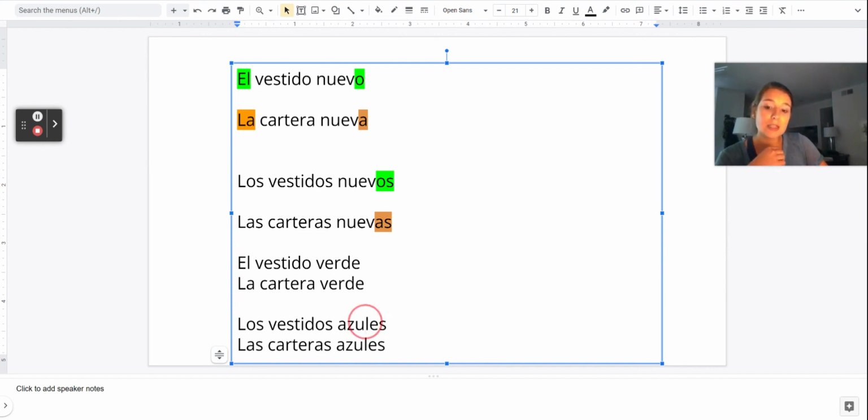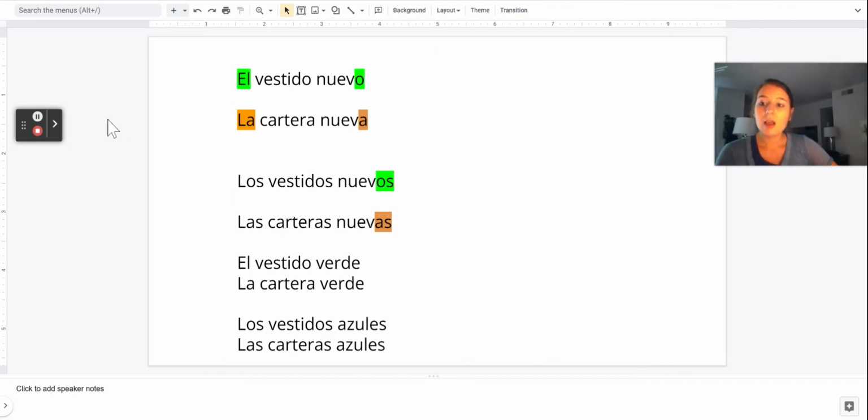The reason why I add an ES is because azul ends in a consonant, so something that isn't an A, E, I, O, or U, which means that we add an ES. It's kind of confusing, but just recognize that ending on there. We'll get more into the rules and the details in the next lesson, but I'm just previewing a little mini lesson for you. Your practice will be helping to construct sentences.